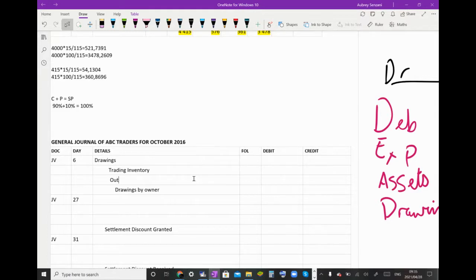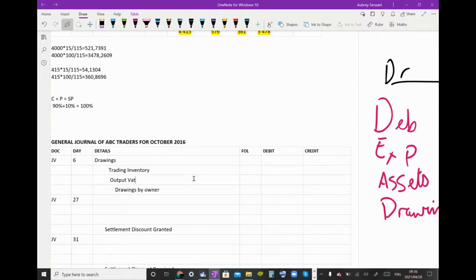So here we have output VAT. Now that we know the accounts and we've written that down, we say, okay, how much are we going to be putting in each? We know that for drawings, we put the amount exclusive of VAT.